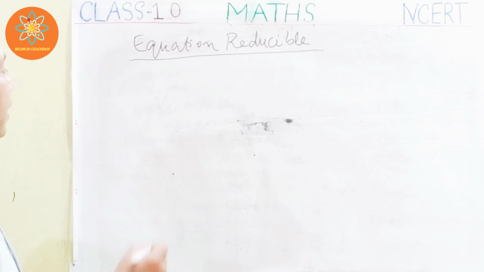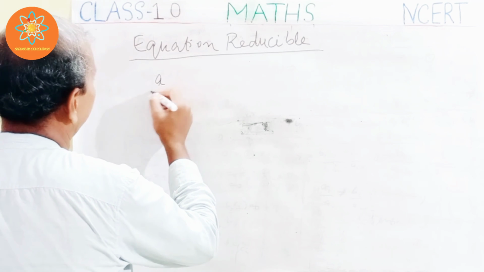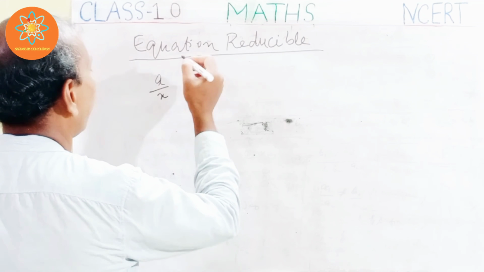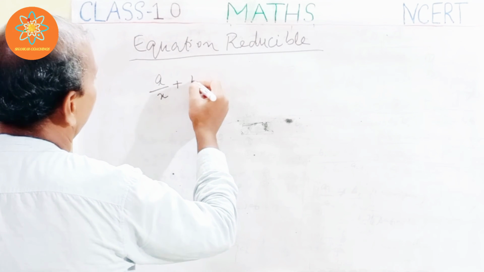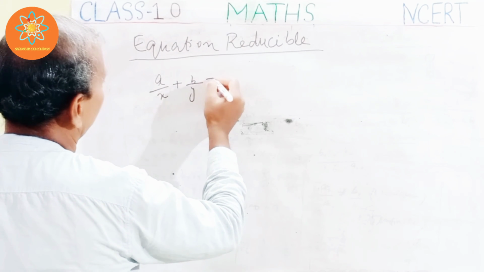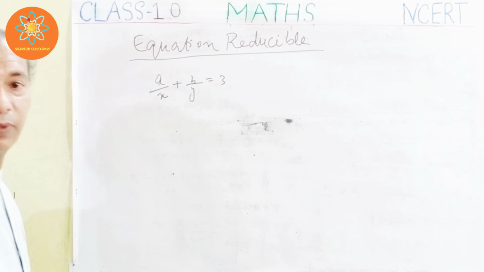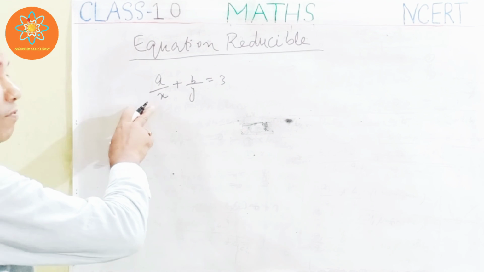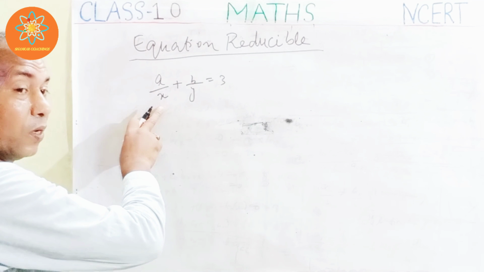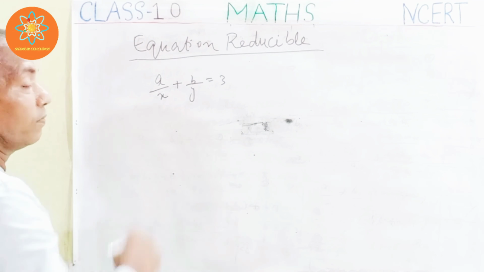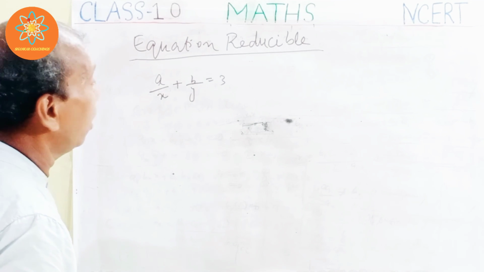Okay. So let's suppose I am writing here a by x plus b by y is equal to 3. You can see clearly here x is where? It is in the denominator. y is also in the denominator.